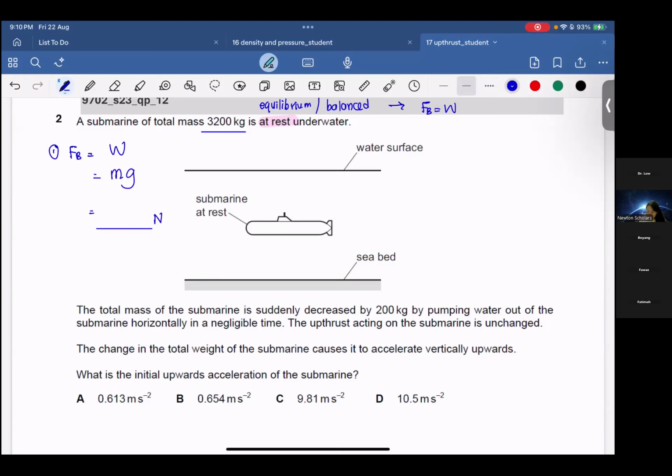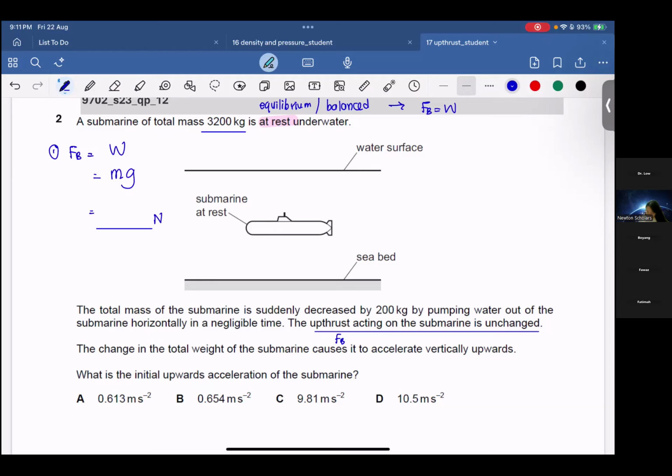Okay, then the total mass of the submarine is suddenly decreased, because they pump out the water. Then after that, the upthrust force is unchanged. Therefore, the upthrust force that you calculated just now, the buoyant force, we have to find out first. Although the mass suddenly decreased, the buoyant force still remains unchanged.